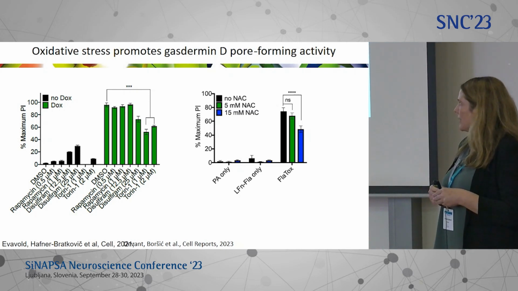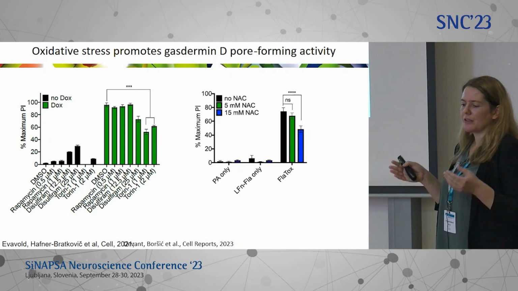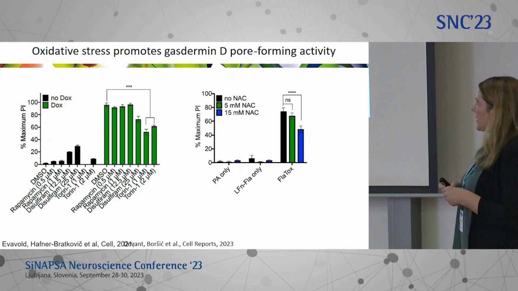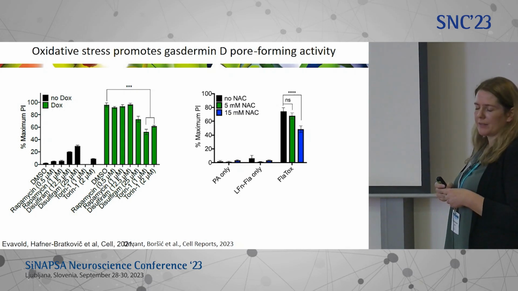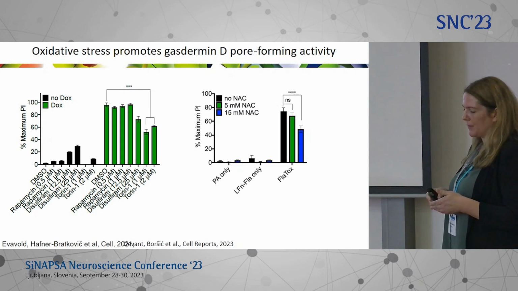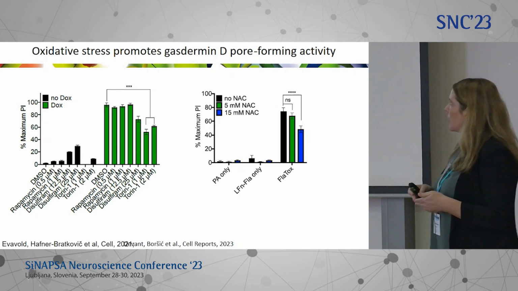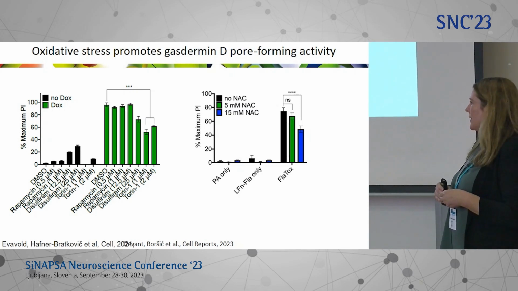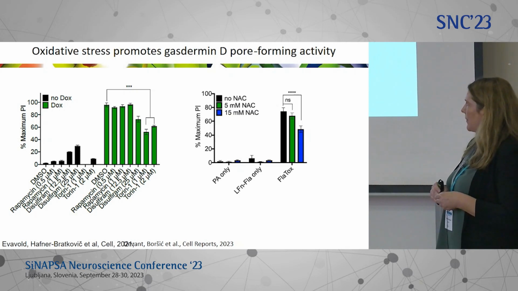So we were interested in whether we can regulate Gasdermin D, and thereby pyroptosis. We found in a genome-wide CRISPR-Cas screen a regulator, the mTORC1 complex, that through oxidative stress promotes Gasdermin D pore formation.